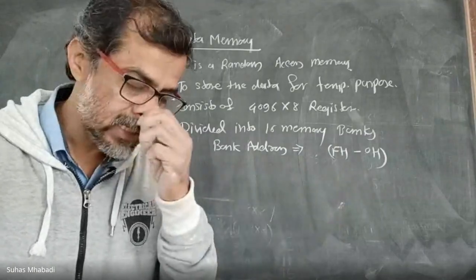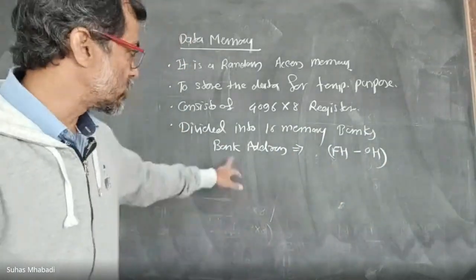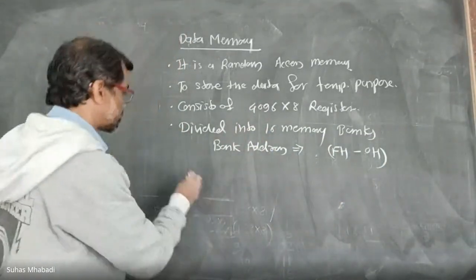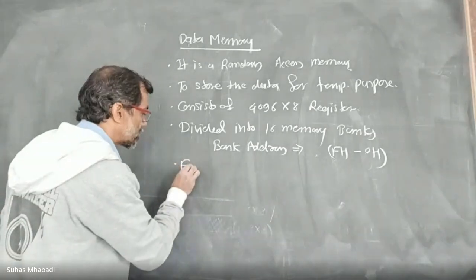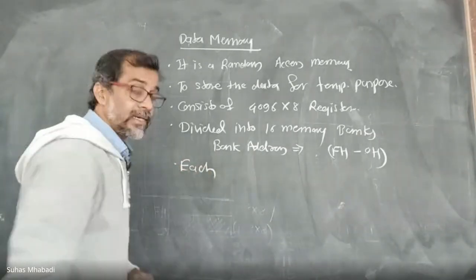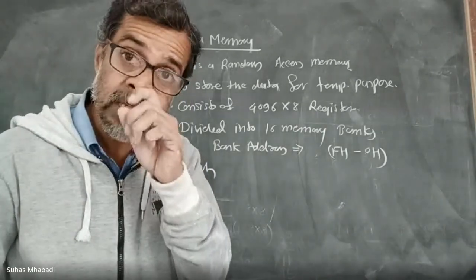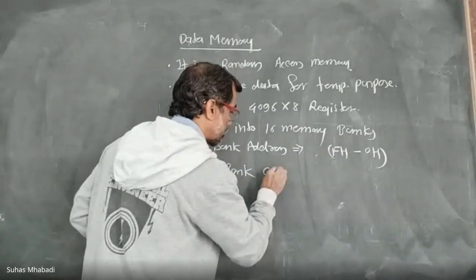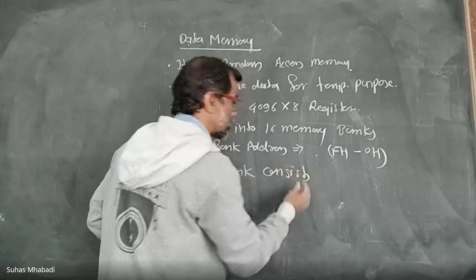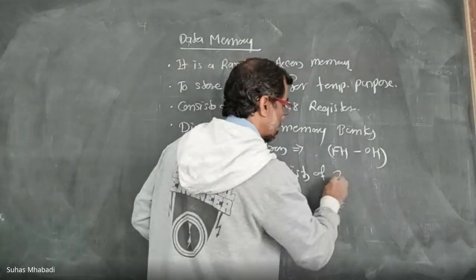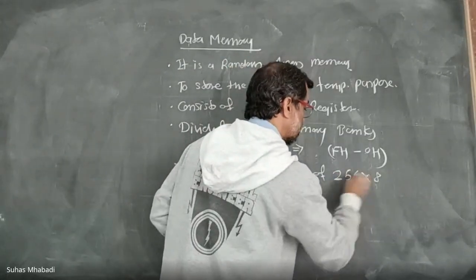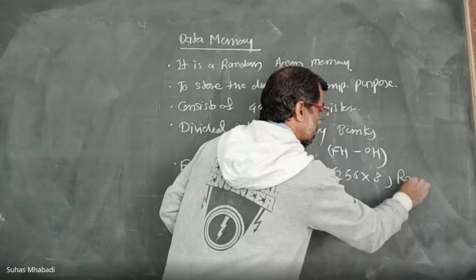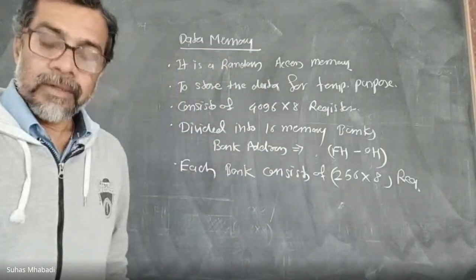In hex it is 0H to FH. Total we have 16 banks. Each bank consists of 256 registers.